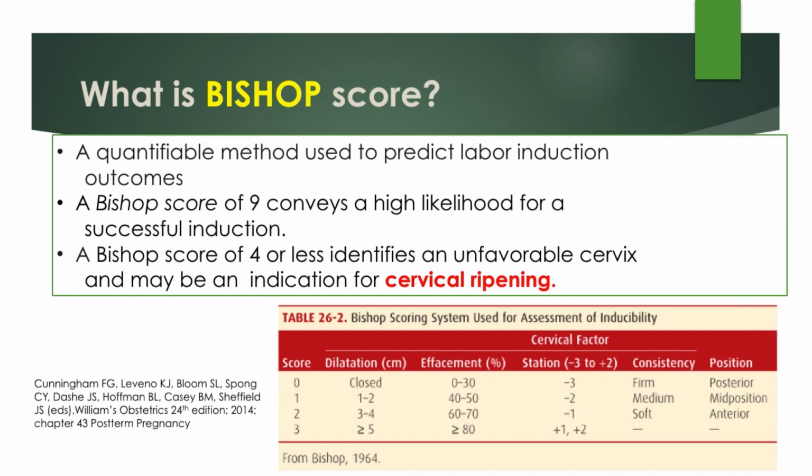What is Bishop score? Bishop score is a quantifiable method used to predict labor induction outcomes. So if you get a Bishop score of 9, that conveys a high likelihood for a successful induction, and a Bishop score of 4 or less identifies an unfavorable cervix and may be an indication for cervical ripening.